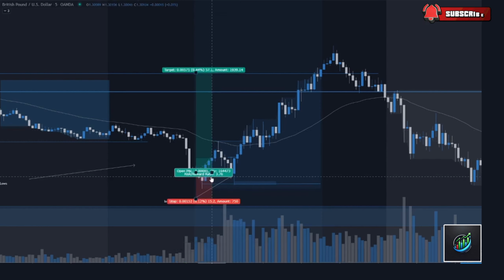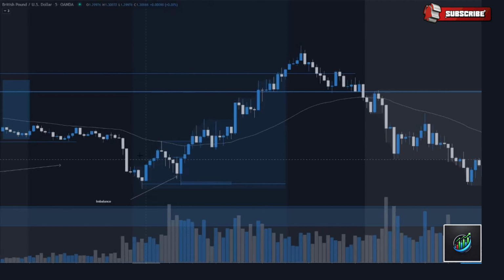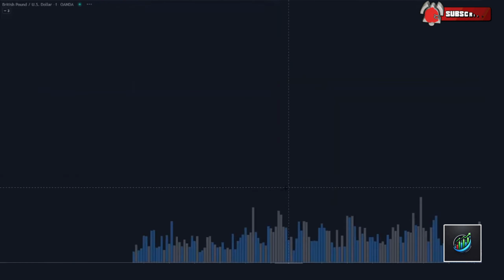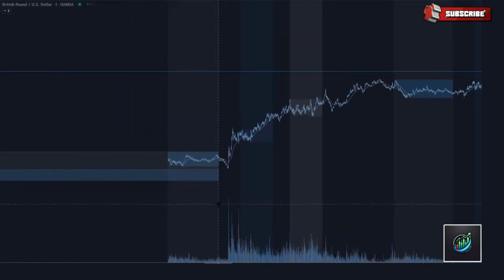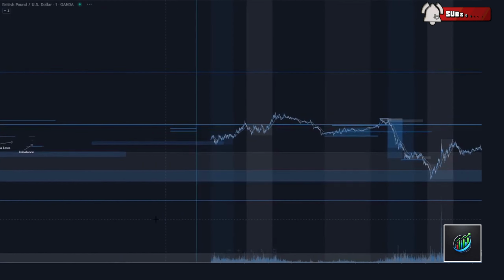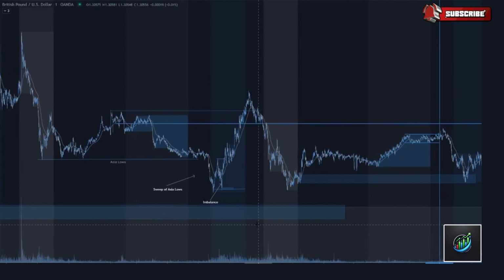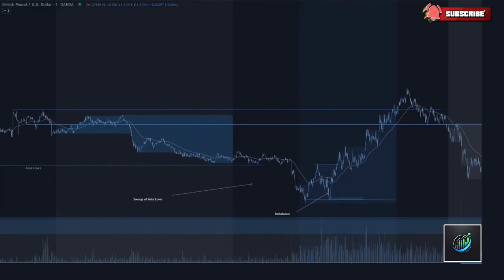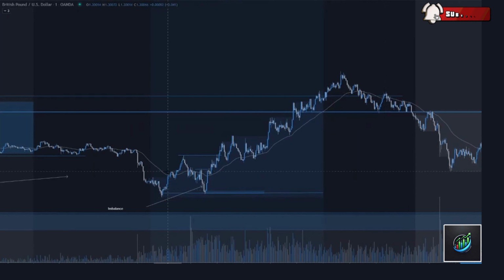However, the area of interest and the style of entry that we prefer to take is a confirmation entry. So once the market has pushed to the downside, focusing on the 1 minute time frame for a clear break of structure to the upside, we had a nice break of structure here, here, and here.